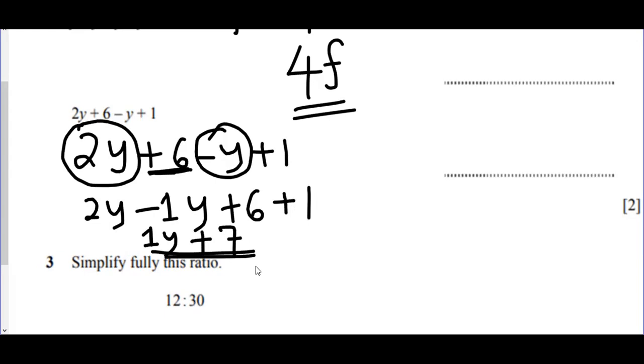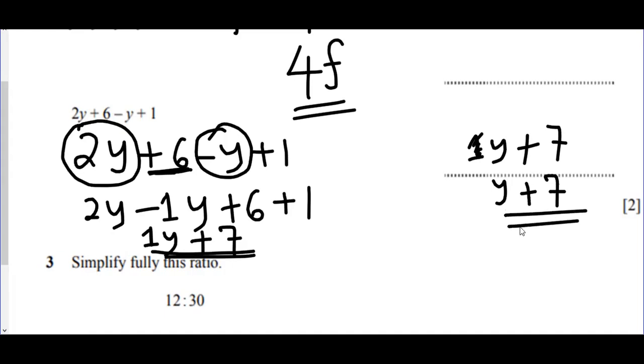The reason being, this number has a letter, but this number over here has no letter. So you can't combine 1y plus 7. You can't add, you can't subtract over there. So the answer remains either 1y plus 7, or somebody can ignore this and write y plus 7.